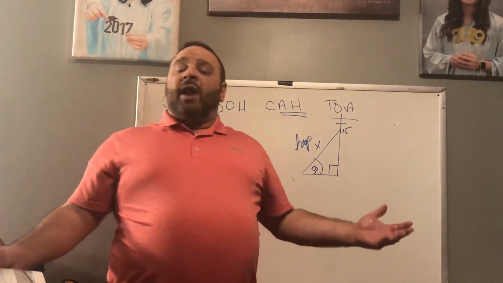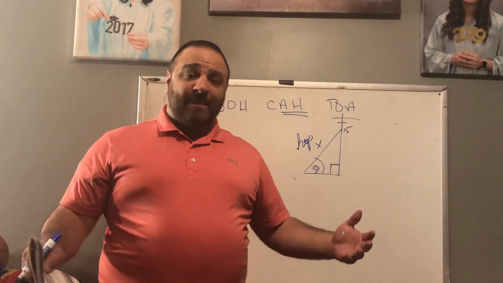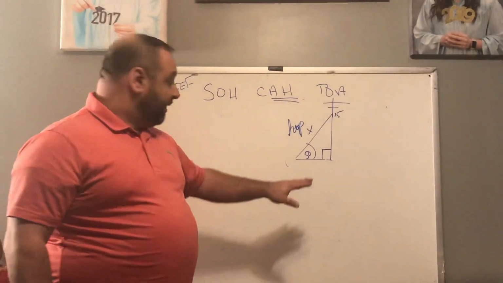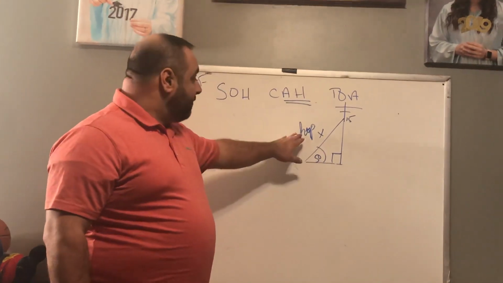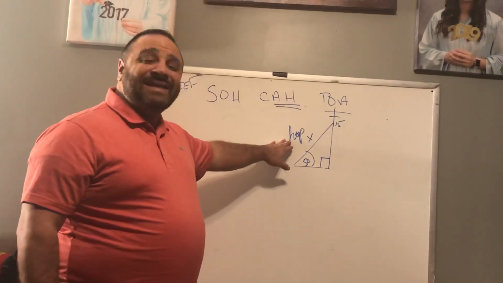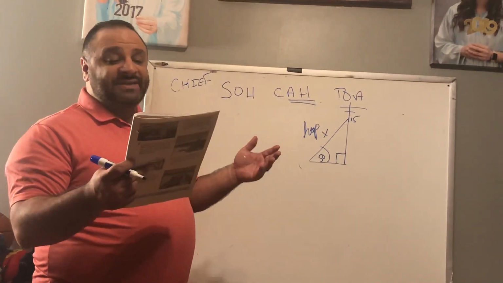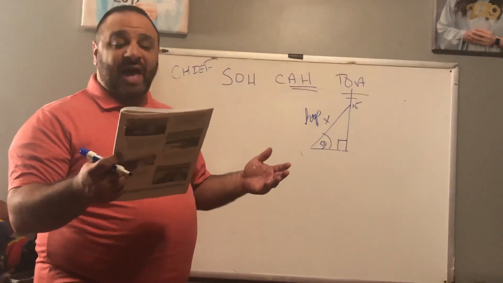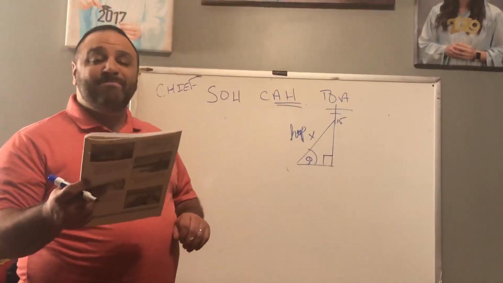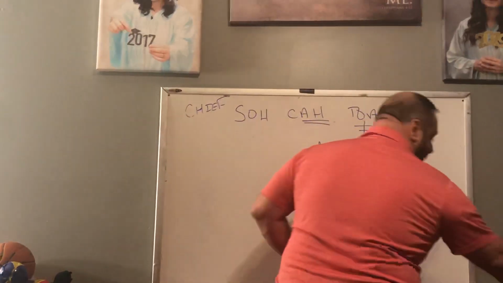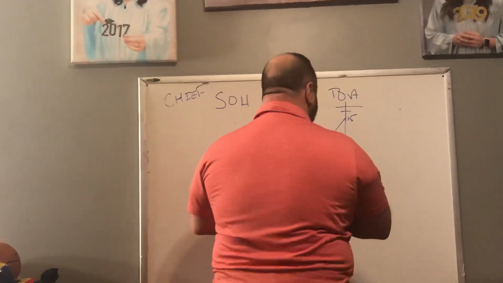Now you say, how do I know which one to use, Pastor Dom? Here's how we know. What's given to us? Here's the angle, here's the hypotenuse. What side is given to us? The telephone pole is 15 meters high, and is to be supported from its middle. I know this is not a to scale drawing.